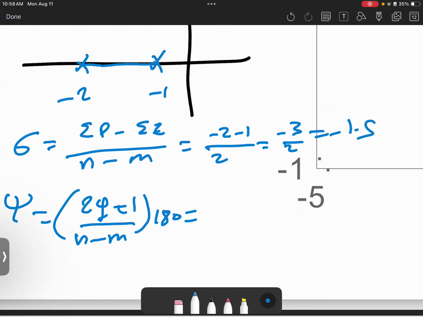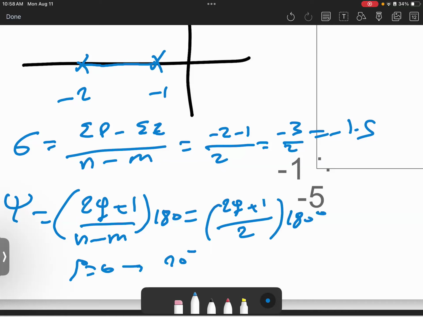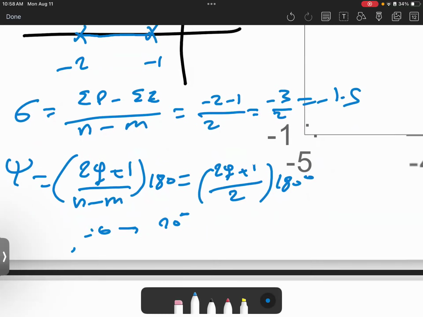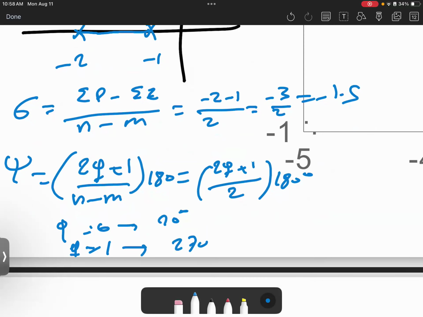This yields (2q plus 1) divided by 2. Substitute q equal 0, then times 180, it will be 90 degrees. Substitute q as 1. This yields to be 270 degrees, or in other words, -90 degrees.